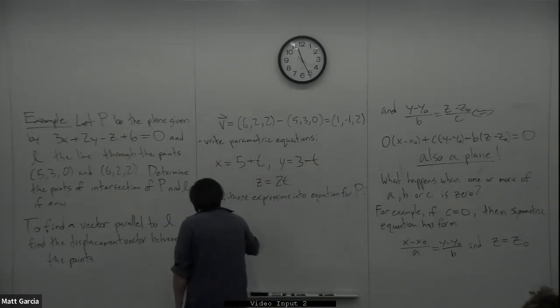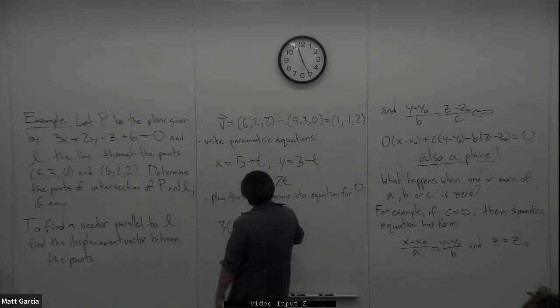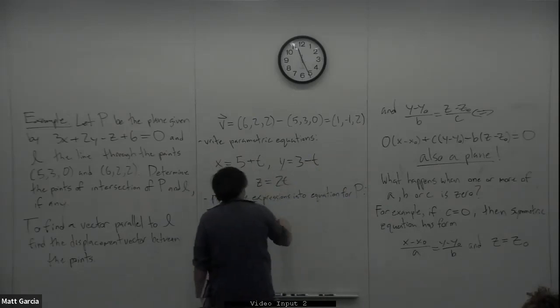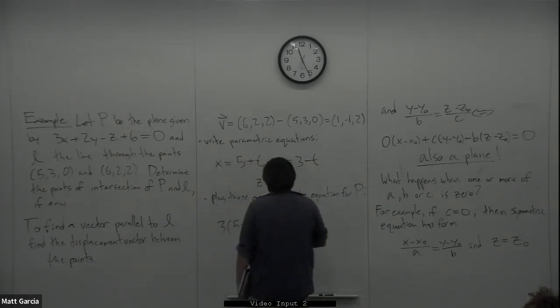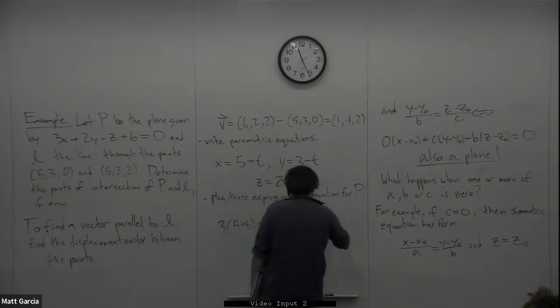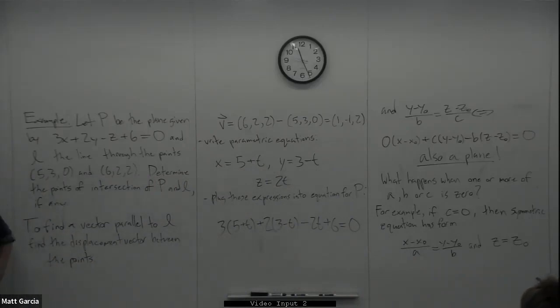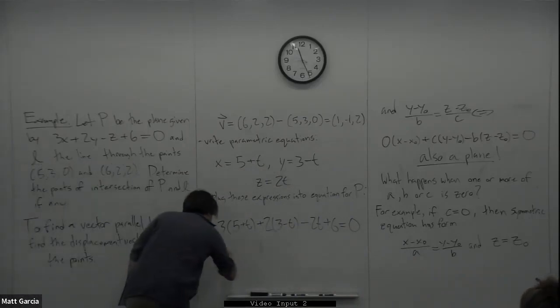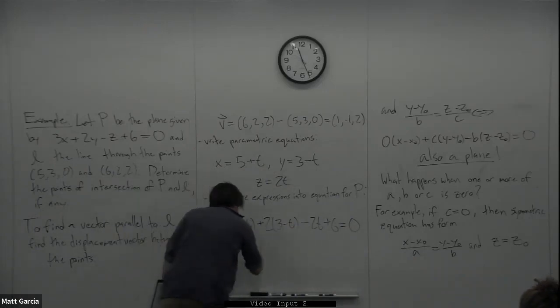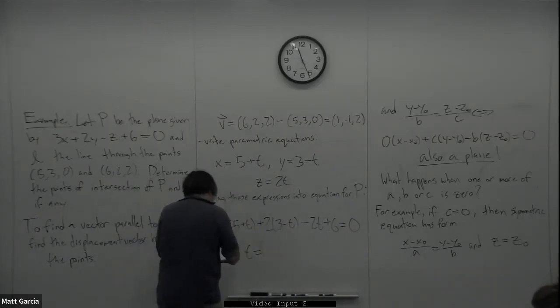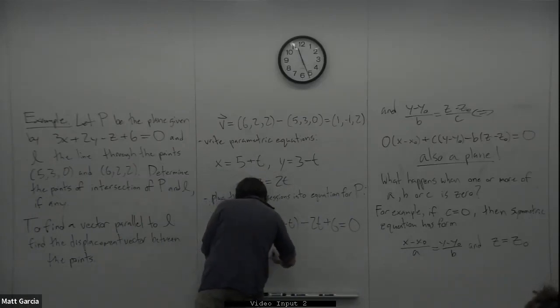So what do we get? We get 3 times our expression for x, (5 plus t), plus 2 times our expression for y, (3 minus t), minus z, our expression for z, 2t, plus 6 equals 0. Okay, so if you use some algebra here, you'll find that t is equal to 27.